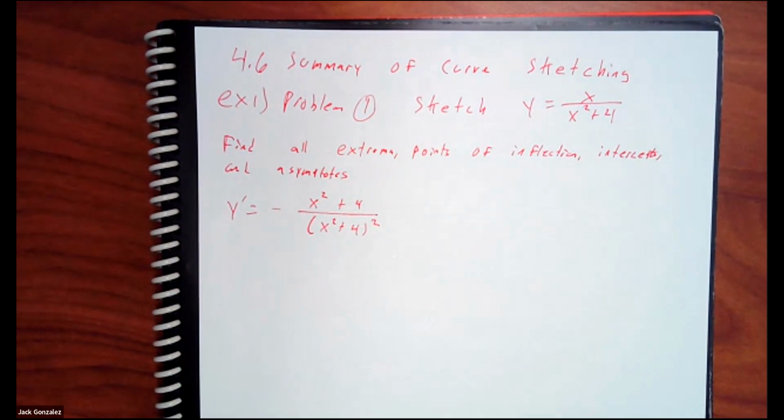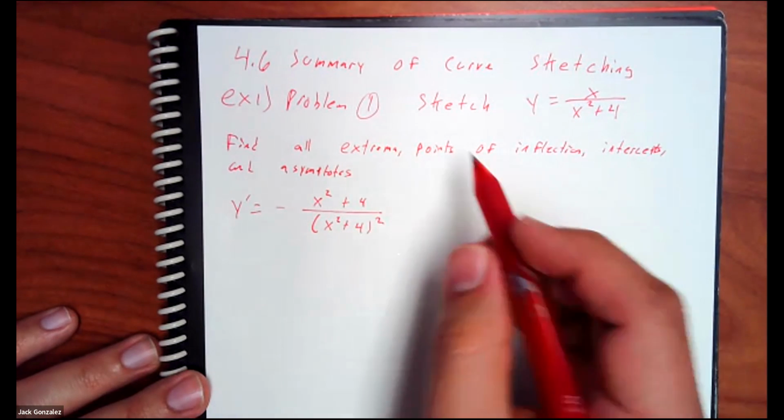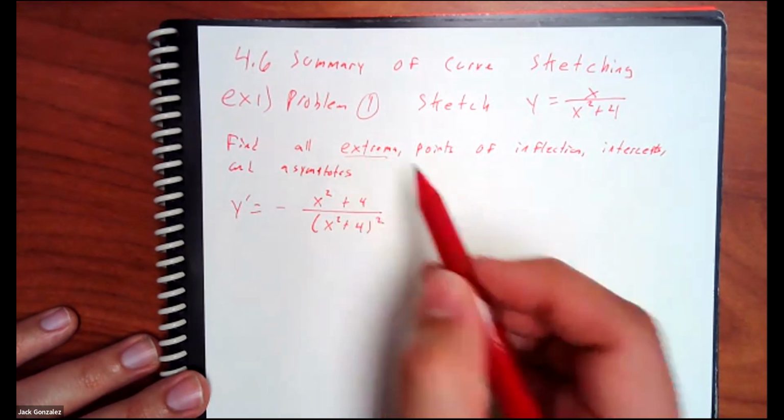Okay. Now set that to 0 and find the critical numbers. That's what we're going to need. We will probably need the second derivative, maybe. Let's see here. No. Anyway, so set this to 0 to find the extrema, right? Criticals.